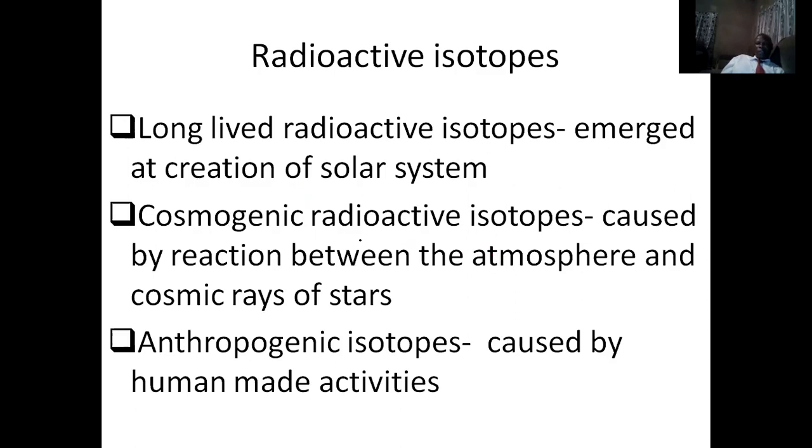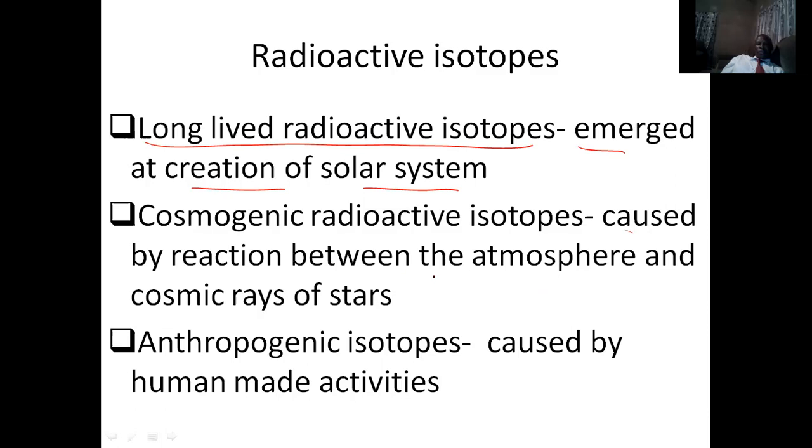We have radioactive isotopes which were created during the creation of the solar system, and these are known as long-lived radioactive isotopes because they have been there for a long period of time. They emerged during the creation of the solar system.